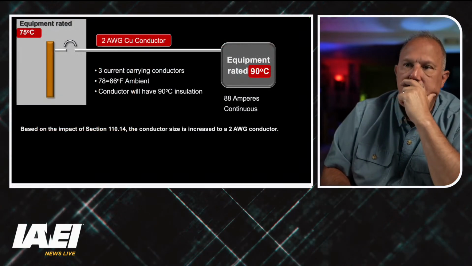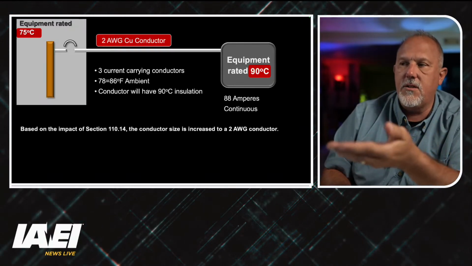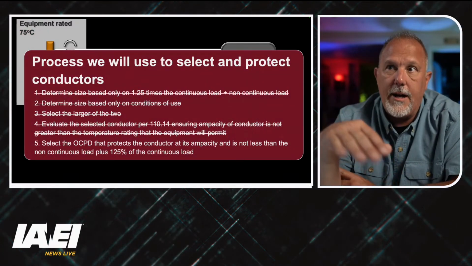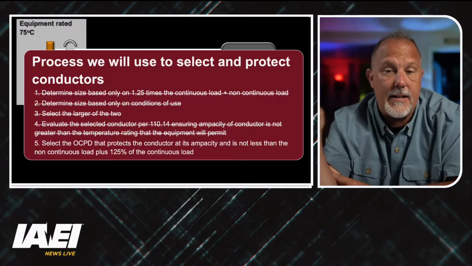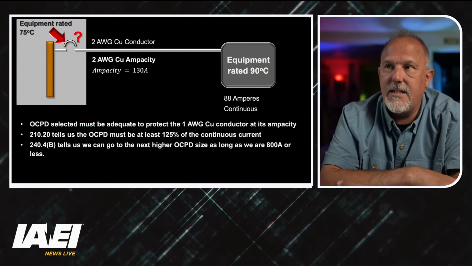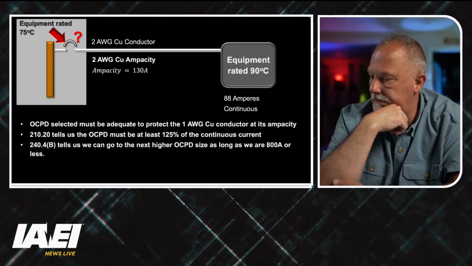All right, so based on the impact of the selection of 110.14, the conductor size is increased to a 2 gauge. So now I've done 1 through 4. I know I'm at a 2 gauge. Now I have to protect that conductor. What's the ampacity of that conductor? Why do I have 130 amps?